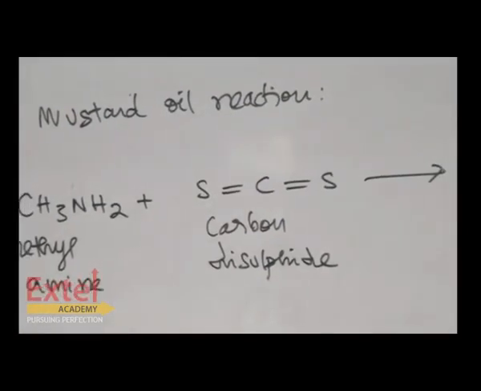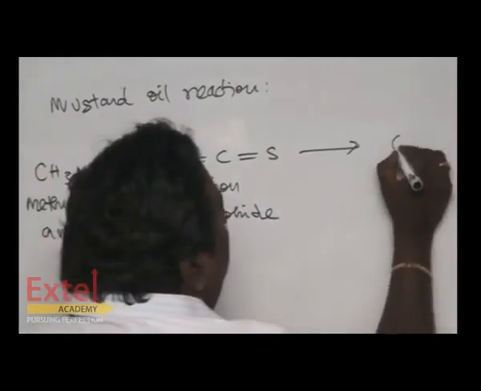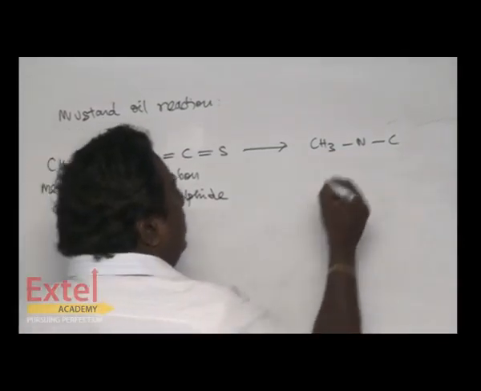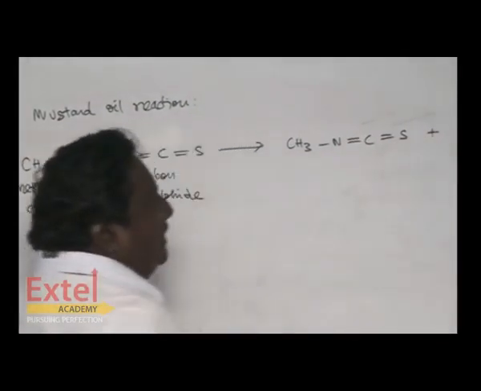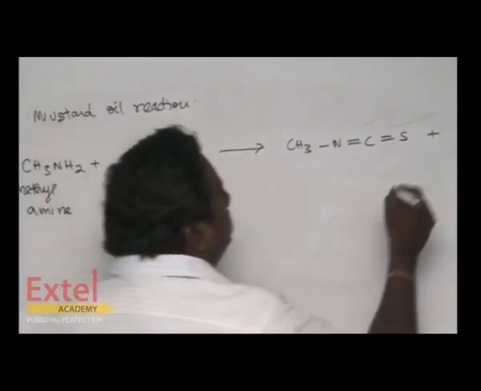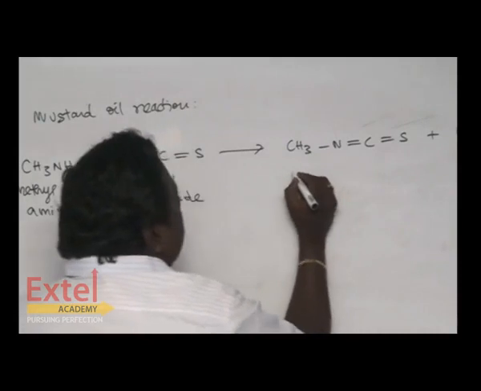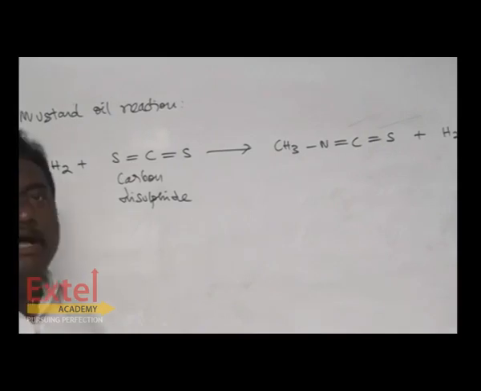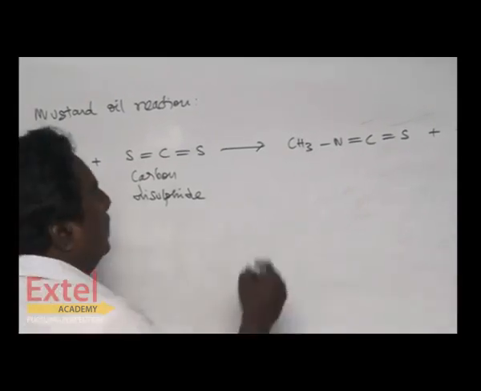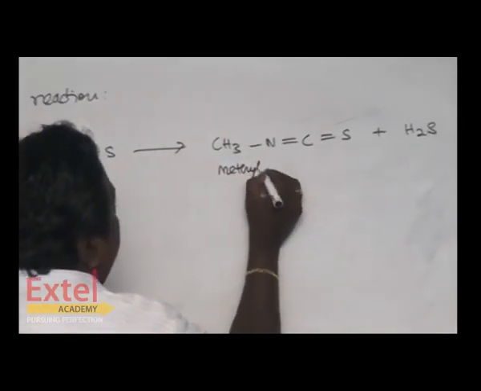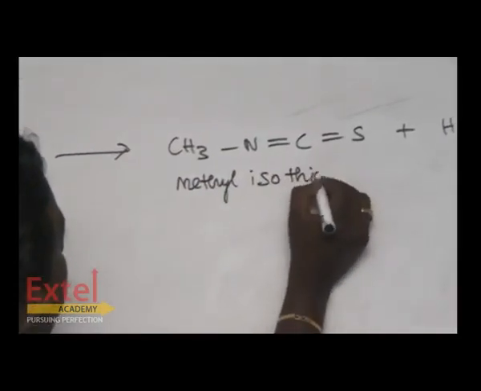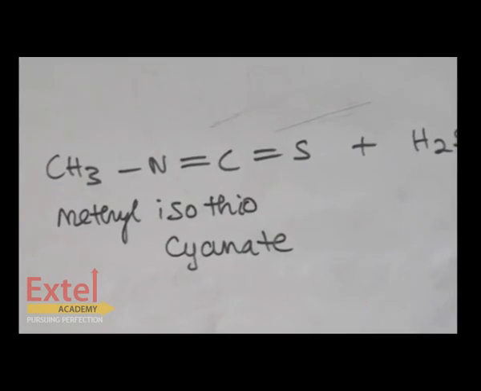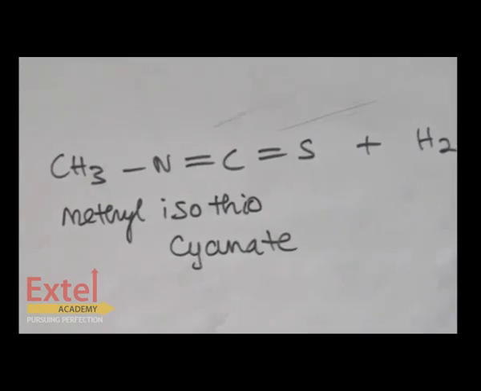When methylamine is treated with carbon disulfide, you are getting CH3N=C=S plus H2S. Its name is methyl isothiocyanate. So this is called the mustard oil reaction.